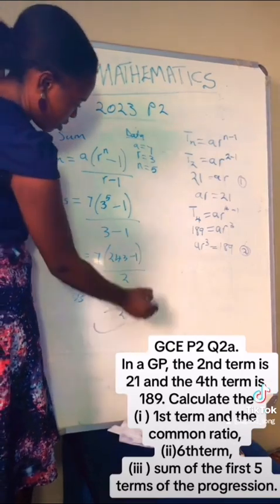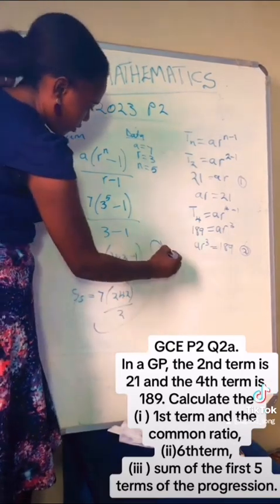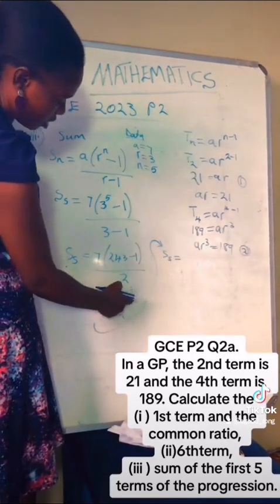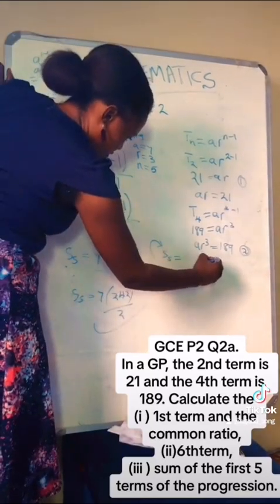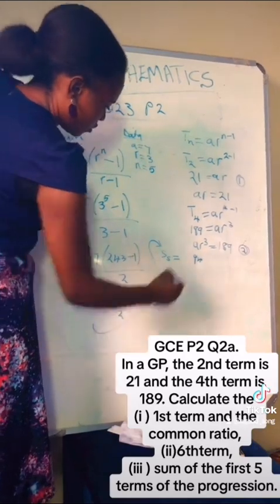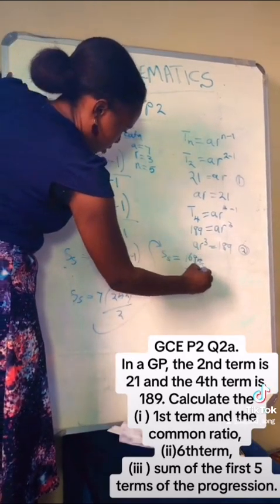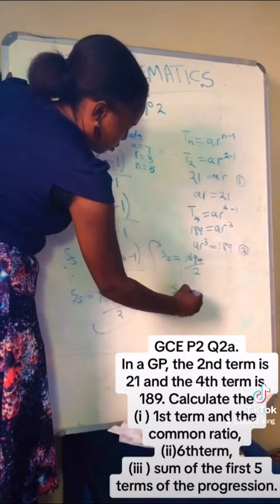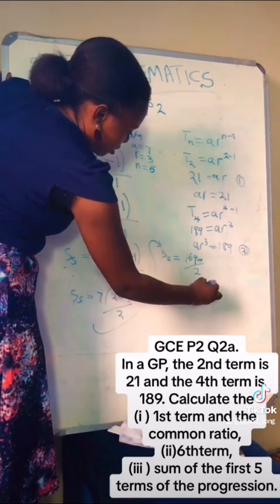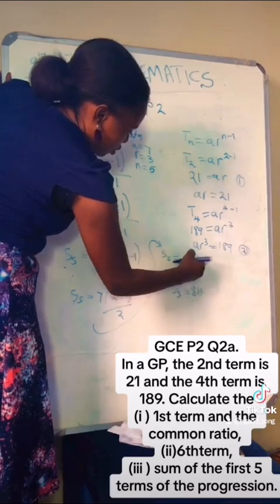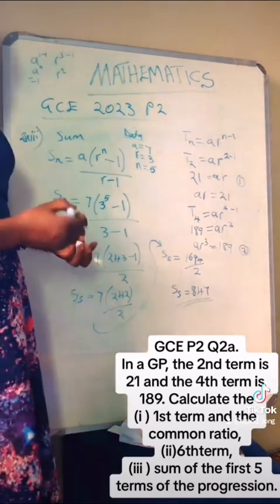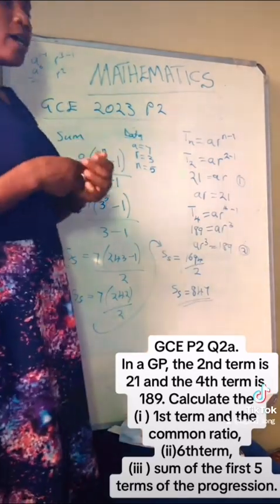Okay, let me bring this here. So I have S5 equals, we can multiply 7 times 2 is 14, carry 1, 28, 29, 14, 15, 16 over 2. S5 equals 2 into 16 is 8, 2 into 9 is 4, remainder 1, 2 into 14 is 7. So the sum in this sequence is 847.